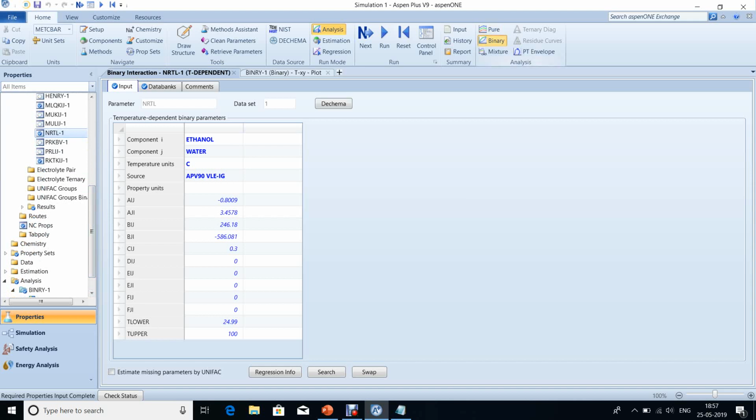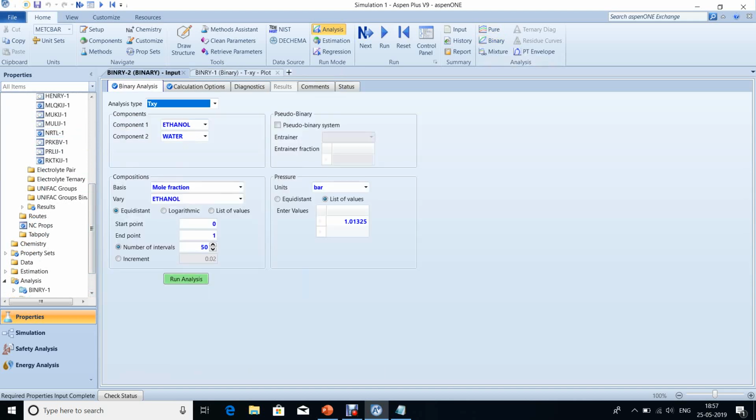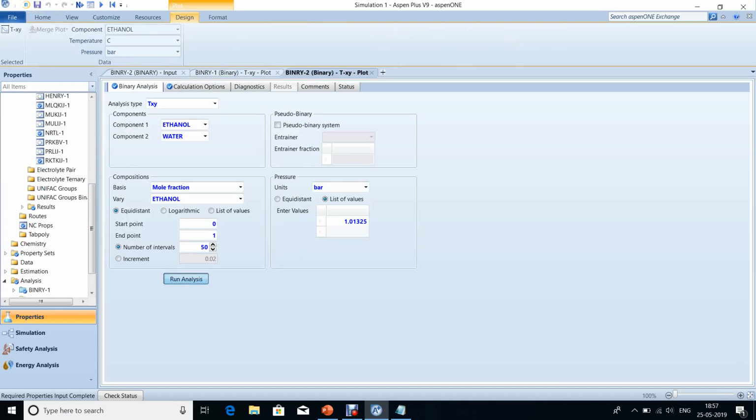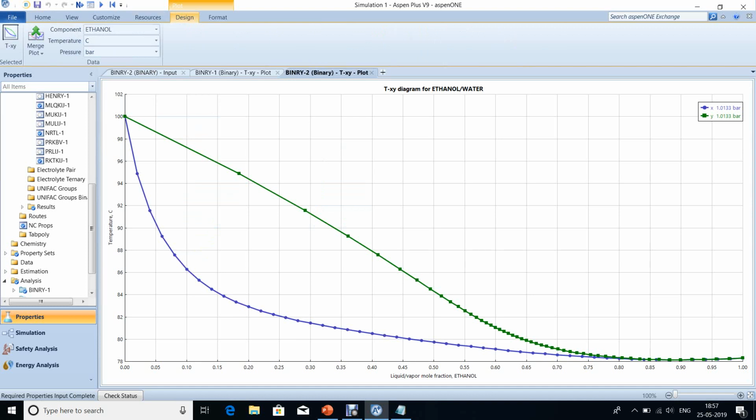Again, I will go to binary. Now we will see whether things have changed. I have clicked on run, and now you can see this is somewhat making sense. Why NRTL is supposed to be selected, and why not Peng-Robinson, has some other reasons, and I will explain that on some other day.